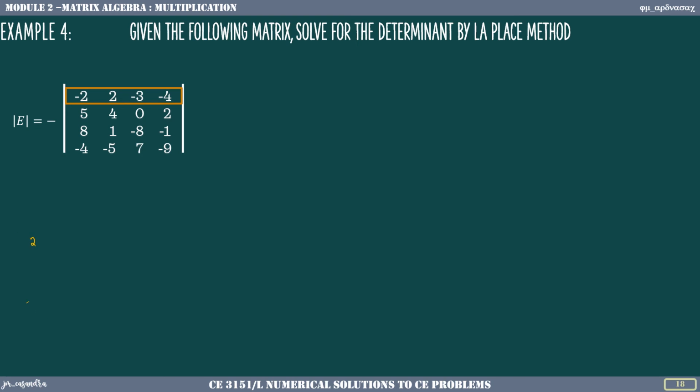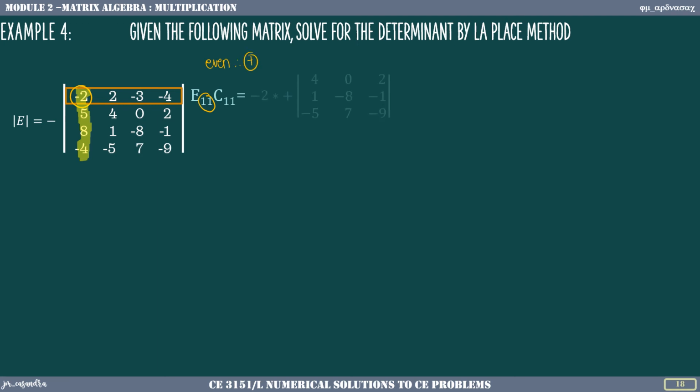Okay. So with that, we start first with element 1, 1. So for its cofactor, remove this column and we use this matrix for its cofactor. 1, 1 is positive since it's an even sum.